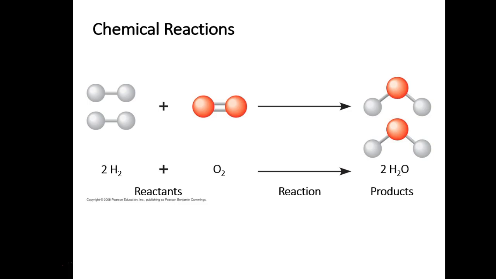That can be in the form of heat, or it could be in the form of nuclear or some sort of energy that breaks the bonds that are there. So you break the bond between the hydrogen atoms and between the oxygen elements.